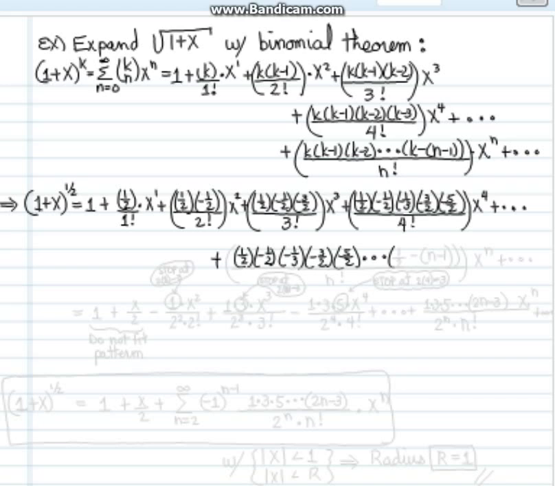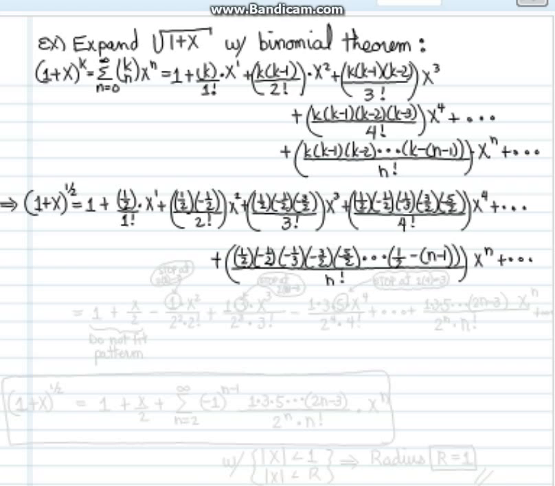Now look at the fourth term, x to the fourth. n is equal to 4, and we stopped when we took 1/2 minus the index n, minus 1, so 1 less in the index. Let's see if that fits: 1/2 minus (n minus 1), all of that over n factorial, and all of that times x to the n, plus dot dot dot.